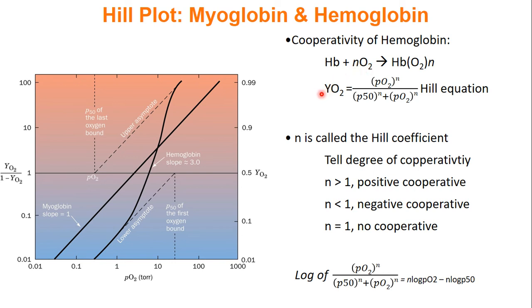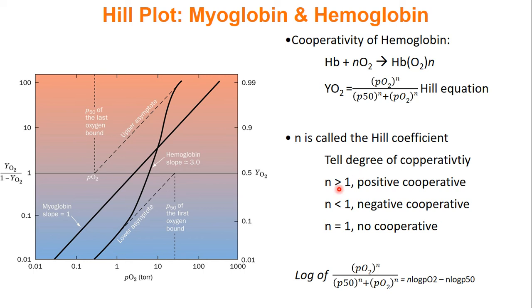Our fractional saturation equals the pressure of our oxygen raised to the power of n, divided by our P50, which is the pressure of oxygen where half of our hemoglobins are unbound, raised to the power of n, plus pO2 raised to the power of n. We call this n a Hill coefficient, and it tells us our degree of cooperativity.